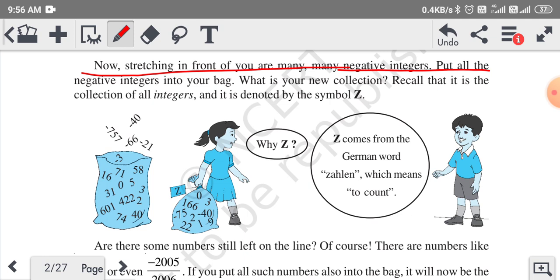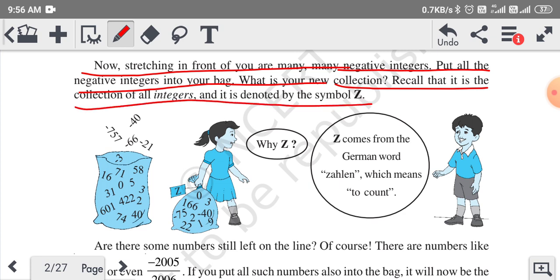Put all the negative integers into your bag. What is your new collection? Recall that it is the collection of all integers and is denoted by the symbol Z. Z comes from the German word zählen, which means to count.